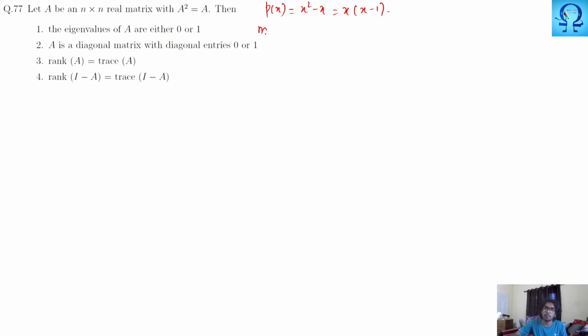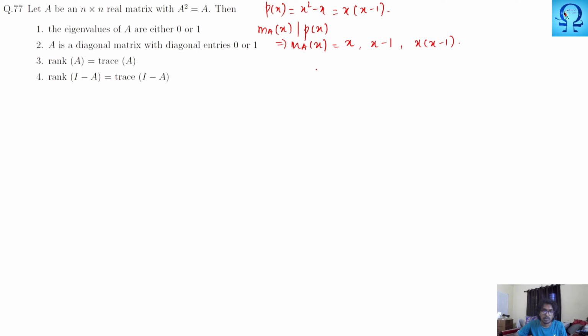Any polynomial which annihilates the matrix A will be divided by the minimal polynomial. So the minimal polynomial can be either x or x minus 1 or x times x minus 1.